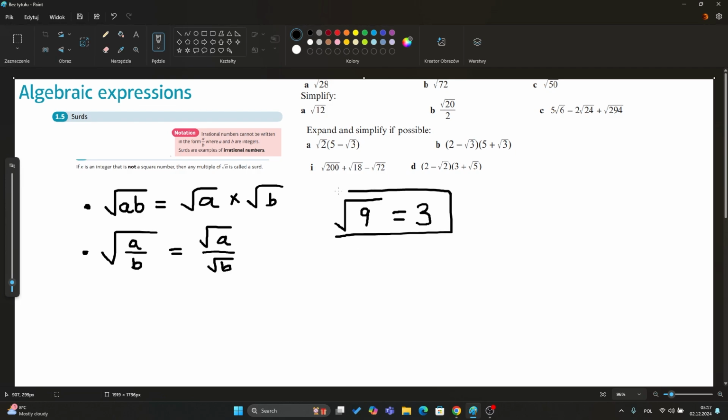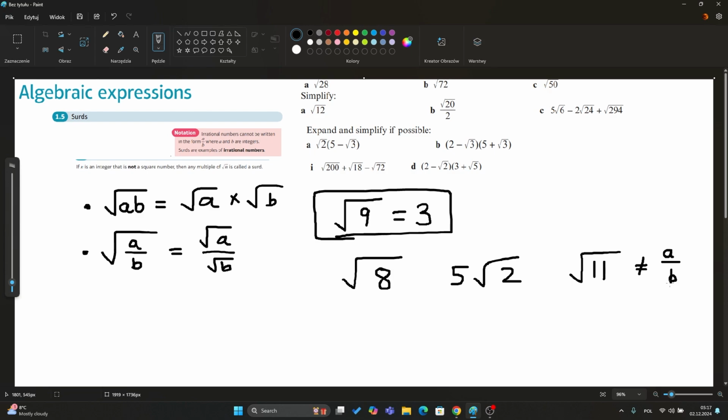this is a square number, so it's a root, and here we have the square root of 8, which is a surd. We have 5 root 2, which is also a surd, and we can have the square root of 11, which is also a surd. And those surds cannot be written as a over b, meaning that they are irrational.